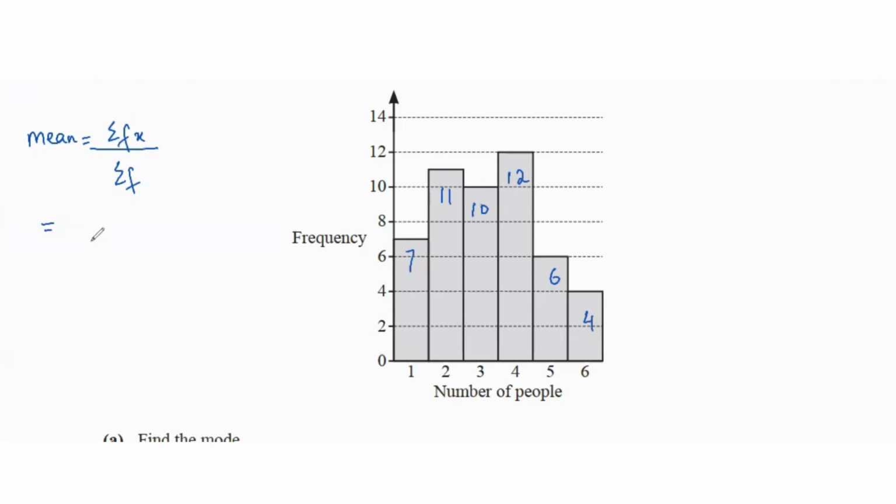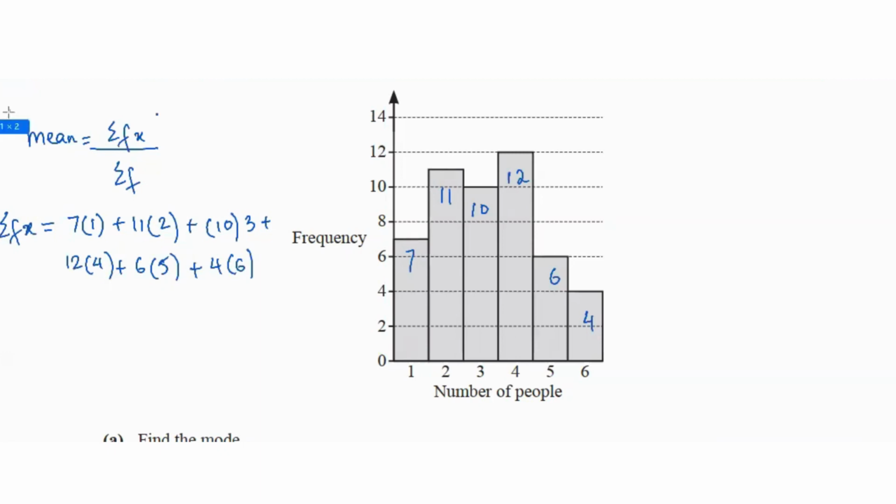So we're going to multiply 7 with 1 plus 11 with 2 plus 10 times 3 plus 12 times 4 plus 6 times 5 and plus 4 times 6. This is your sigma fx.